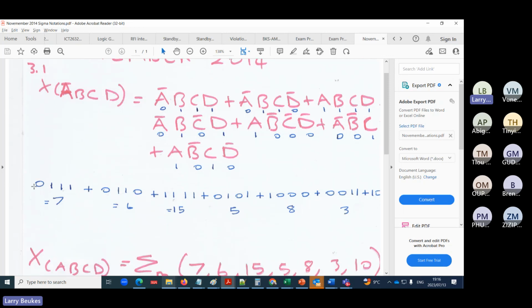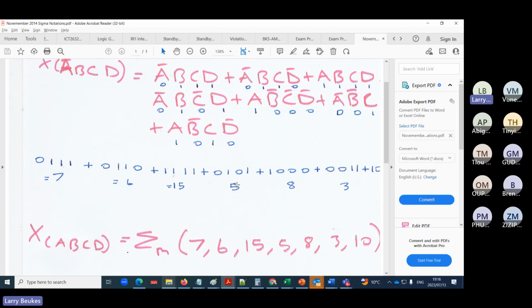So here's the 0, 1, 1, 1, everything, and then we know it's a 7. So you convert this into decimal. This is a 7, this is a 6, this is a 15, 5, 8, whatever, 3. So these are your answers.